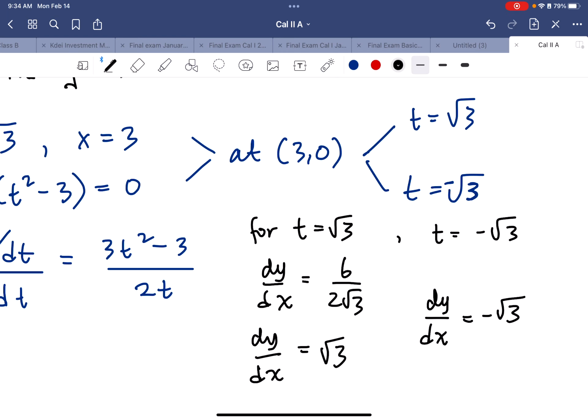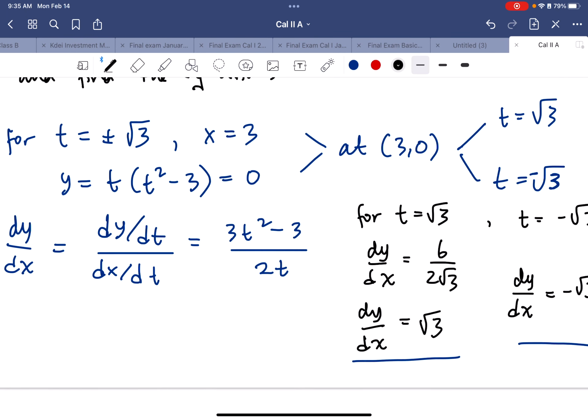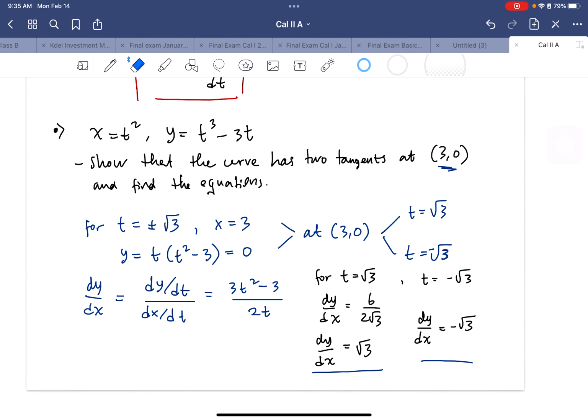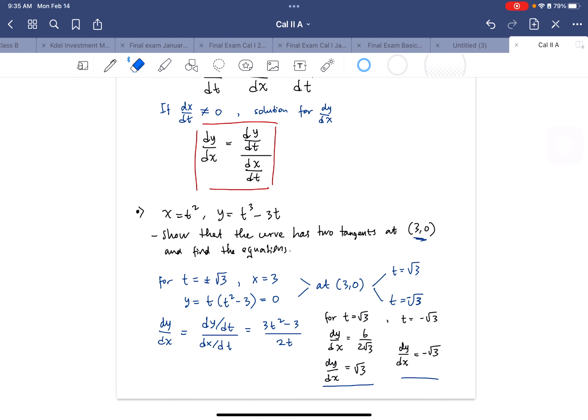So we have the slope, or the gradient. Then the tangent line, we can just set up from our equations here.